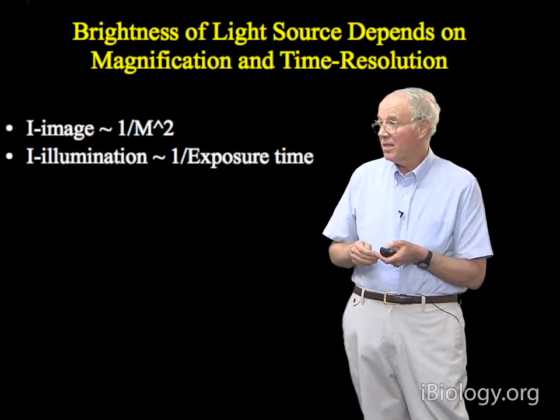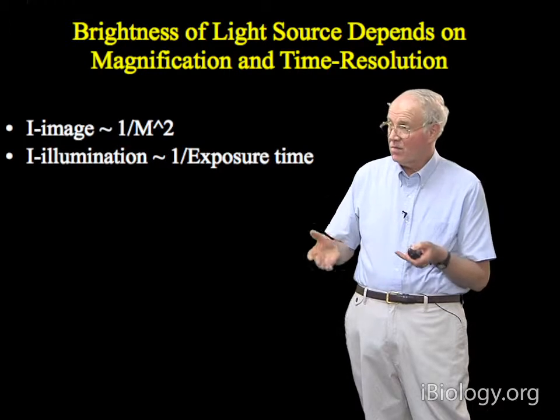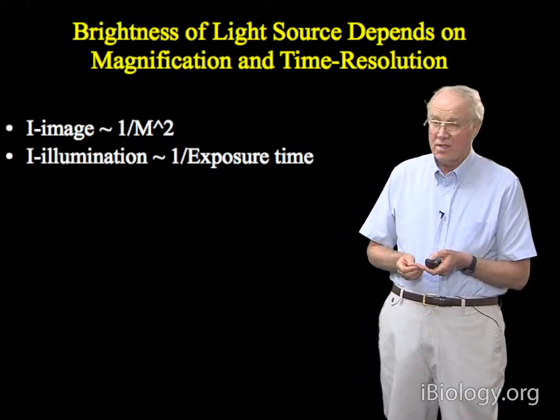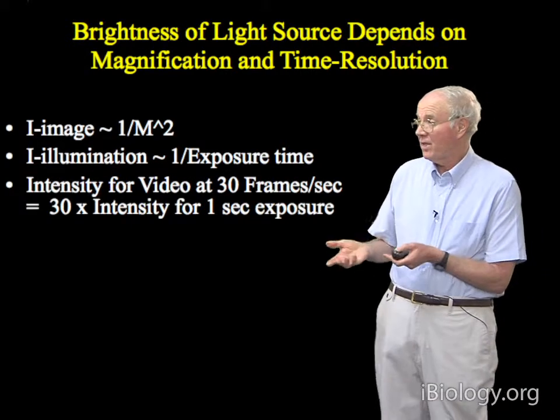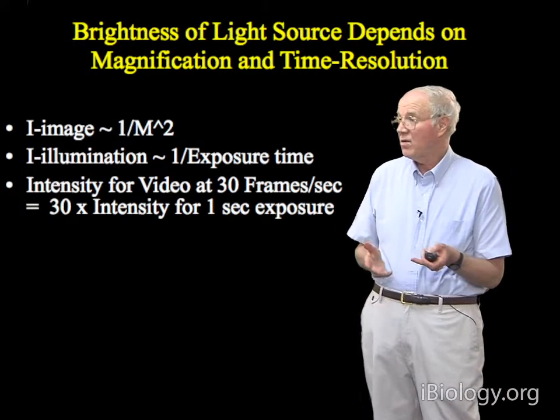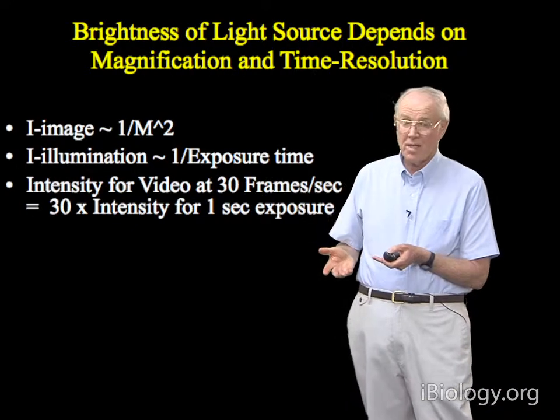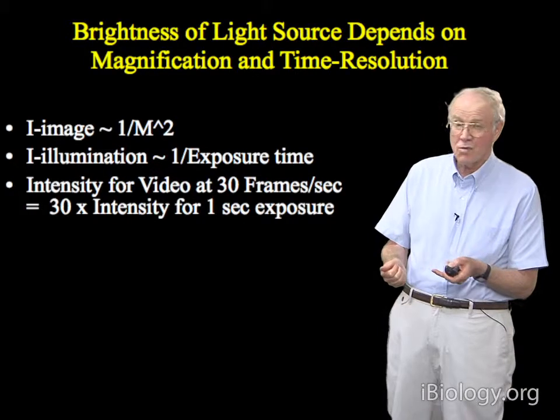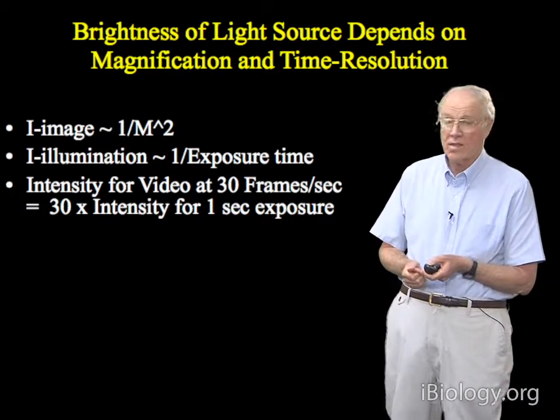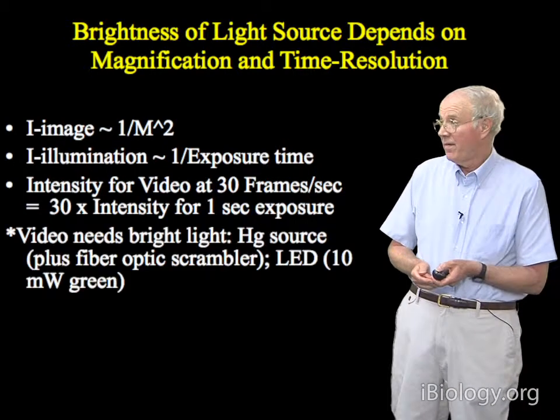The illumination that you need also varies with 1 over the exposure time that you have available. So if you're doing things at video rates, you need 30 times the intensity from your light source than if you were willing to just do time lapse of something with a 1-second exposure, where you can use a much lower intensity light source.